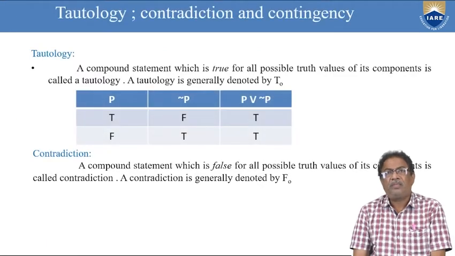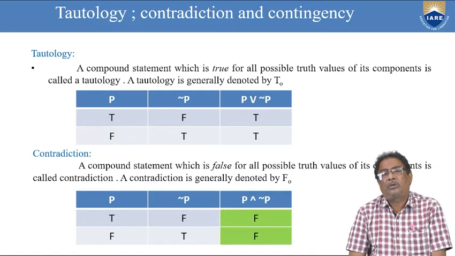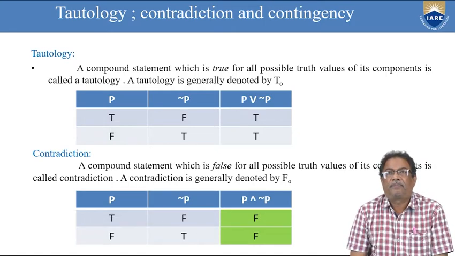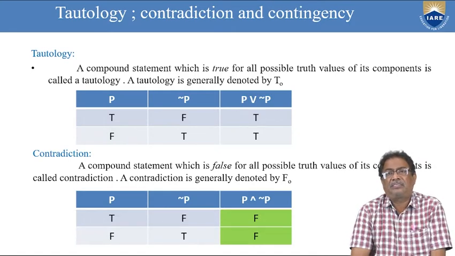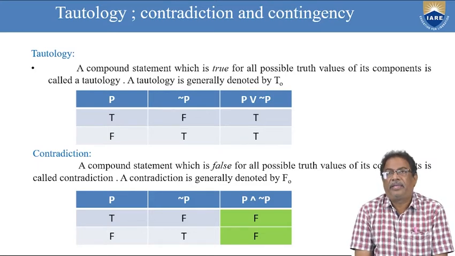Okay, now let us discuss. We know how to construct a truth table. After constructing the truth table, we have to verify whether the compound proposition is true, false, or mixed with both.